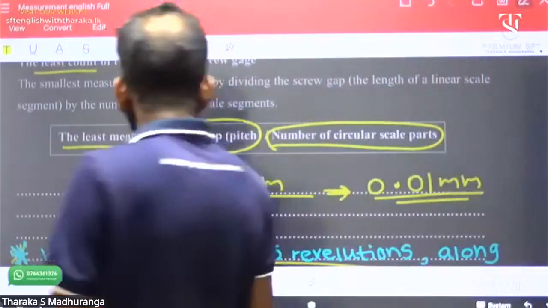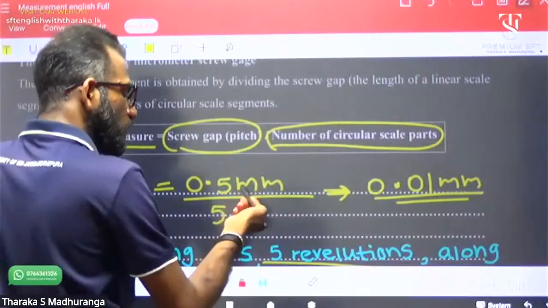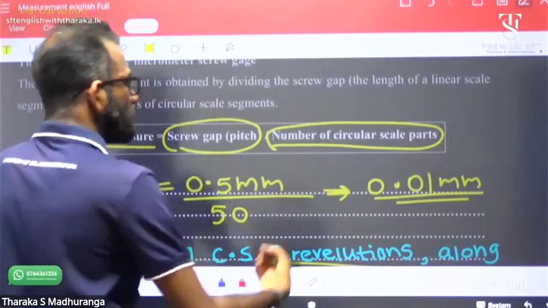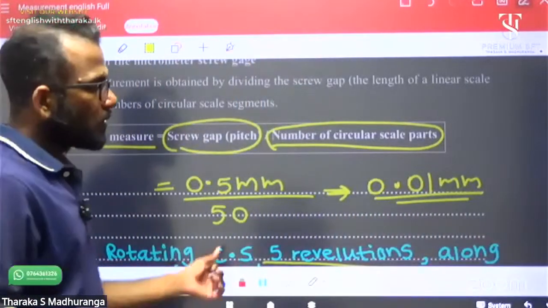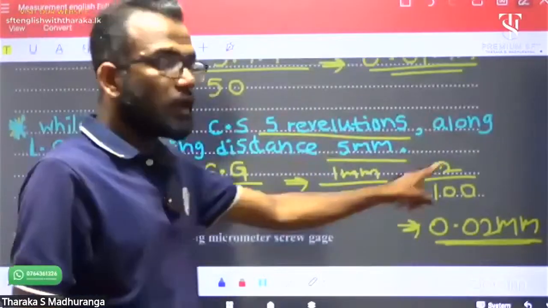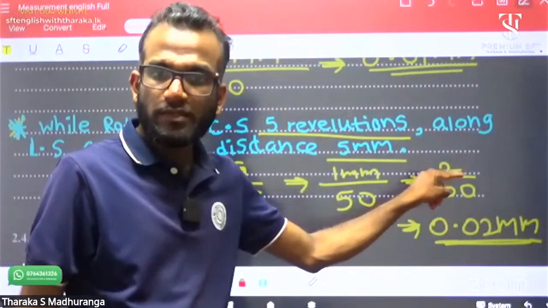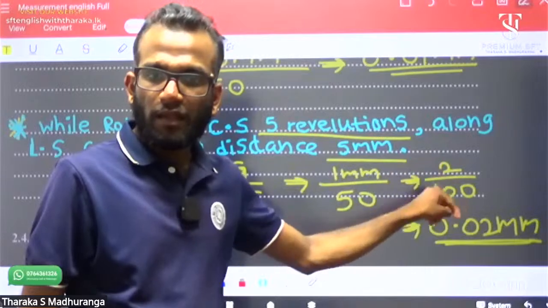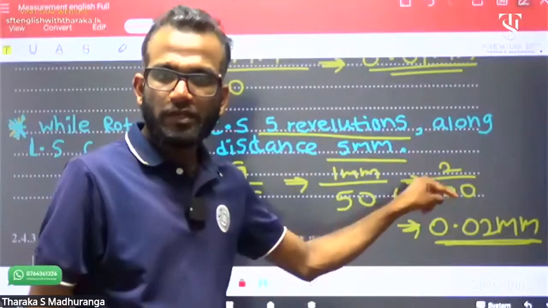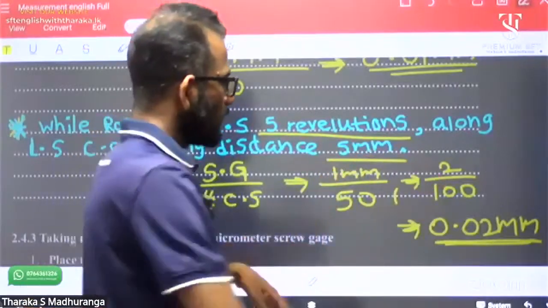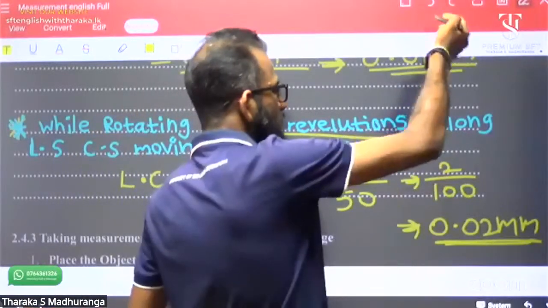If the screw gap is 0.5 millimeter divided by 50, it is 0.01. Here in the calculation, it's a short method, just a trick.